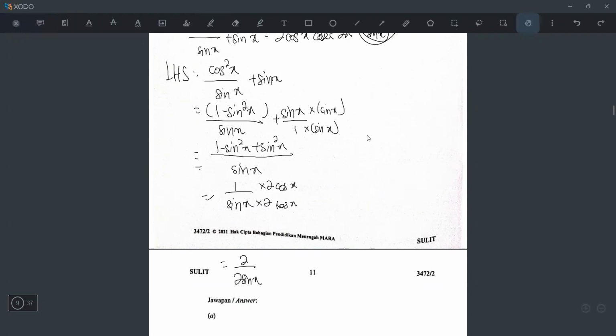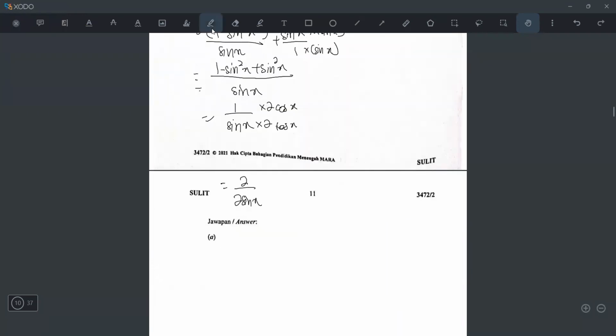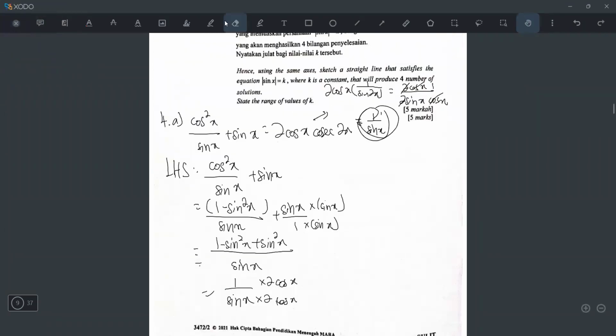Remember just now you cancel the 2, right? But you cancel the cos x also. So actually you have to times 2 and then also have to times cos x. So you can directly times 2 cos x all at once. So actually you will get 2 cos x over 2 sine x cos x like this. Okay. Imagine if I never write this. Just imagine if I never write this. Confirm I cannot do.